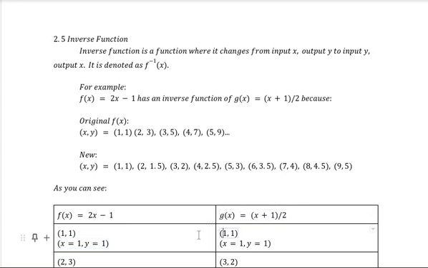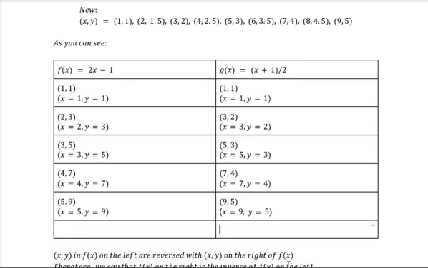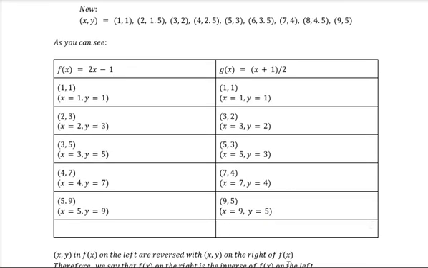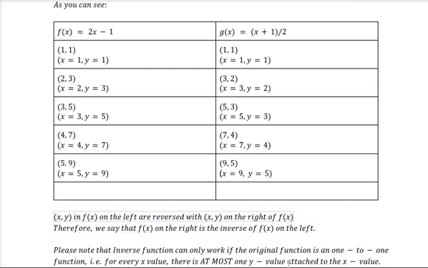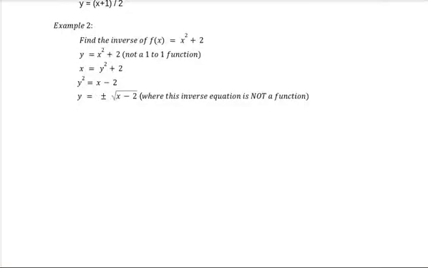Similarly, (2, 3) in f(x) is reversed to (3, 2), (3, 5) is reversed to (5, 3), (4, 7) is reversed to (7, 4), and (5, 9) is reversed to (9, 5). So the x and y on the left are reversed on the right of f(x). That's why it is input x, output y, then input y, output x.